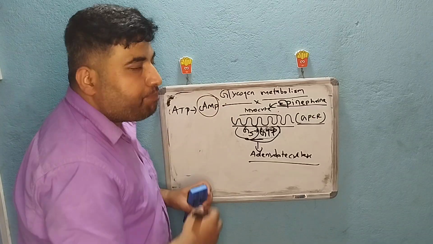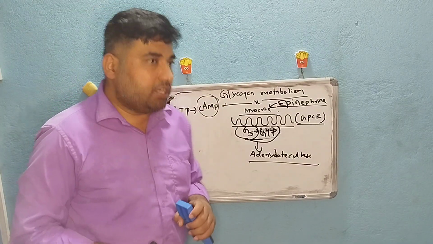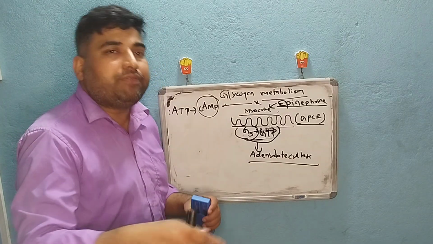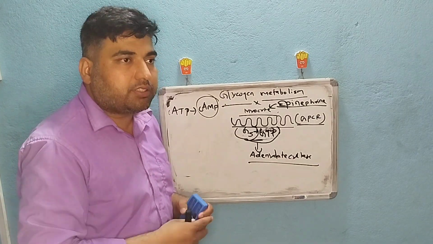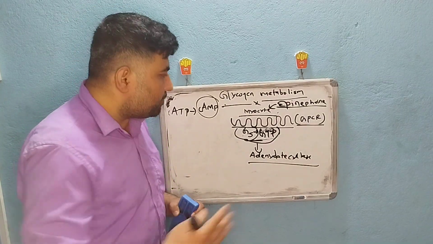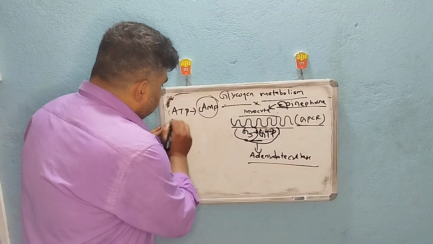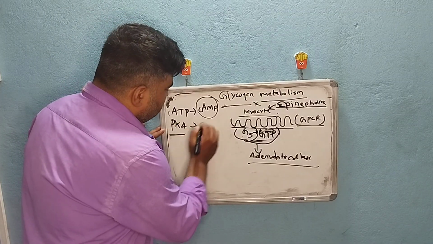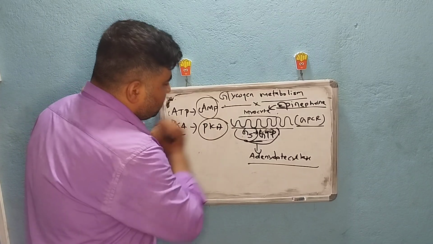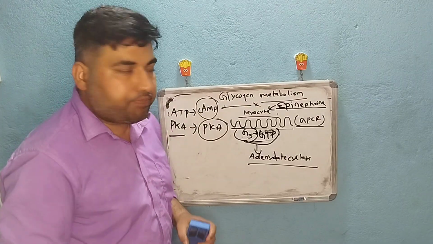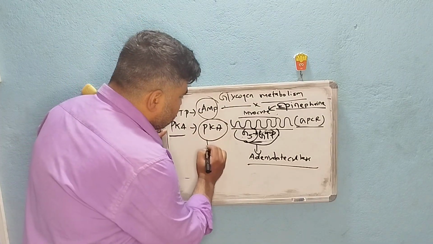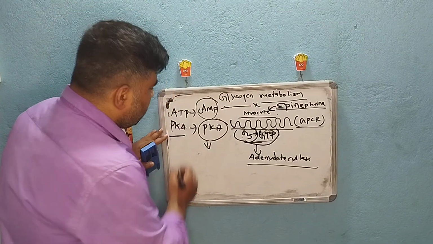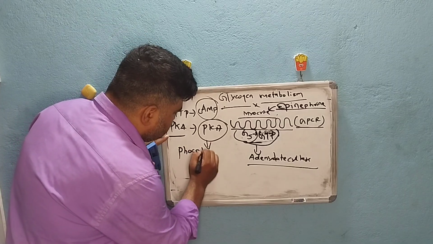This cyclic AMP is a secondary messenger that transmits further information and is involved in the signaling cascade mechanism. This cAMP activates the cAMP dependent protein kinase, that means protein kinase A. Protein kinase A further activates phosphorylase kinase.